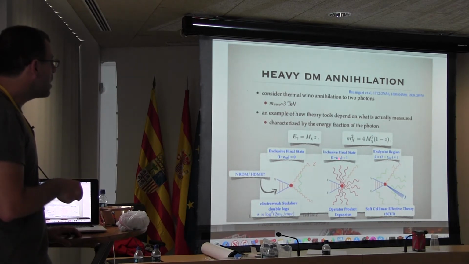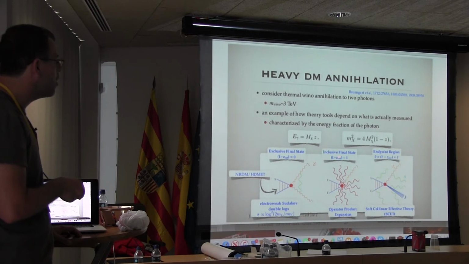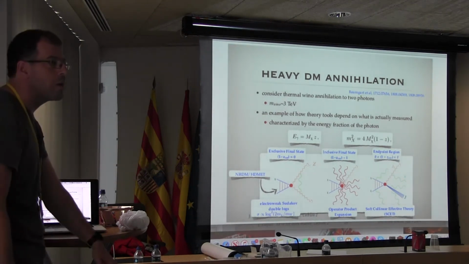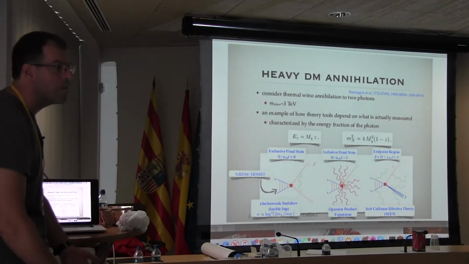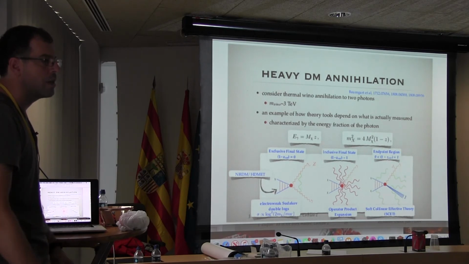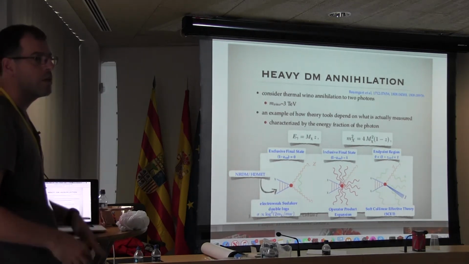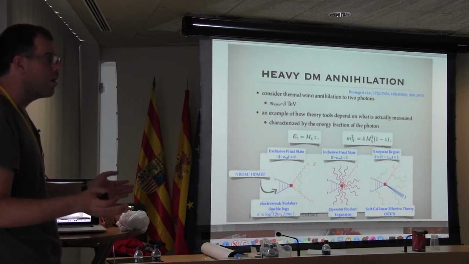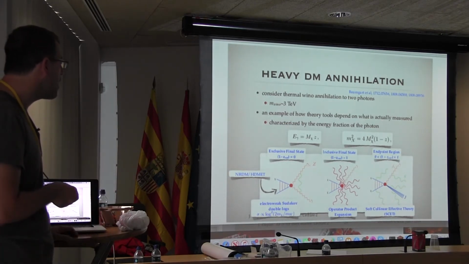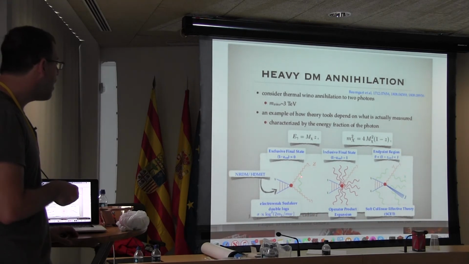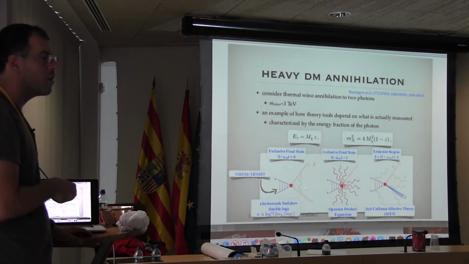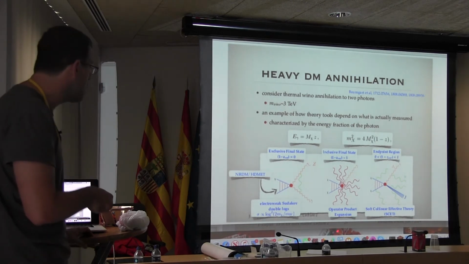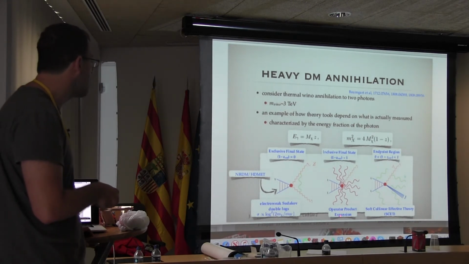So that means that Z cut here, remember, is the energy of the photon, you put as low as possible. So you want to be completely inclusive. So that's one question you could ask, is an inclusive cross-section. It's just dark matter into anything. Now if you want to calculate that, it's a very, very different regime from asking just for two photons. And the tool that you can use is called an operator product expansion.